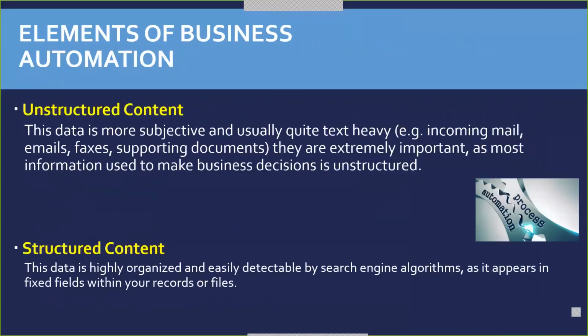So when we talk about business automation, the first thing is, what are the elements of it? What am I looking for? I would just direct your attention to this slide that talks about the two types of content that you're dealing with mainly on a day-to-day basis.